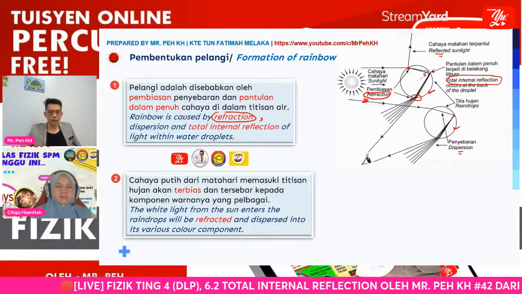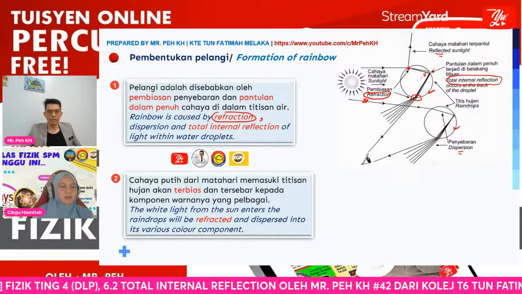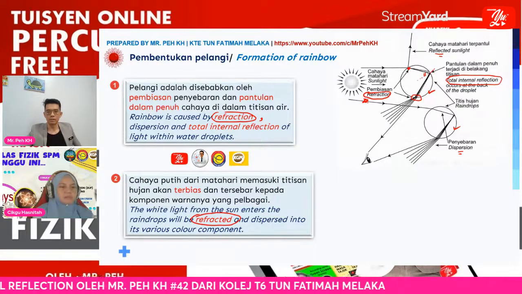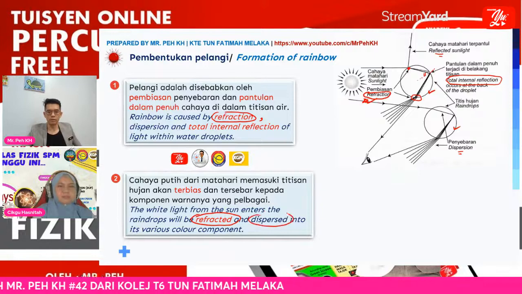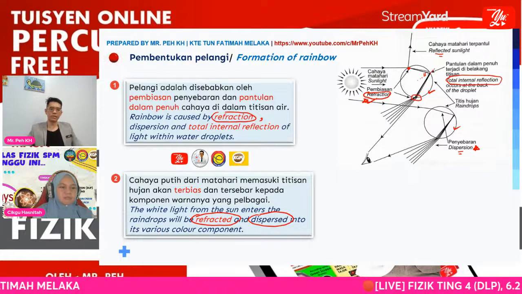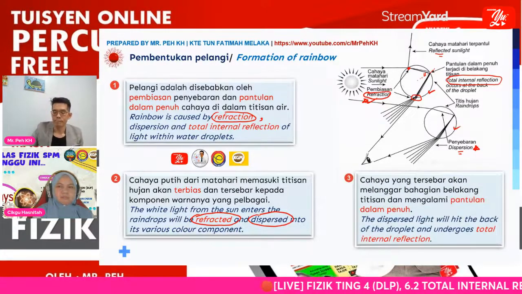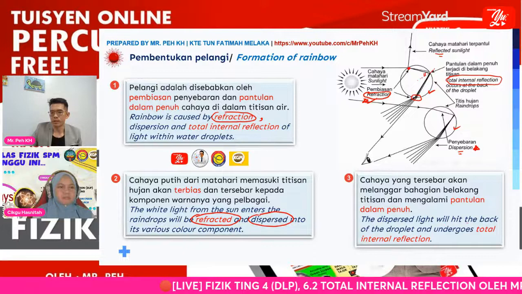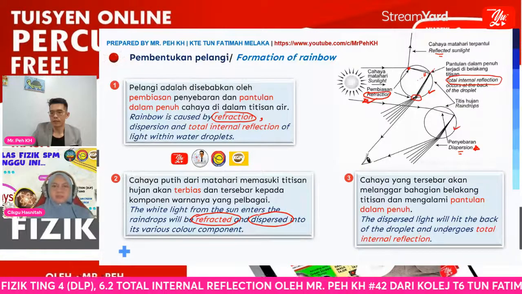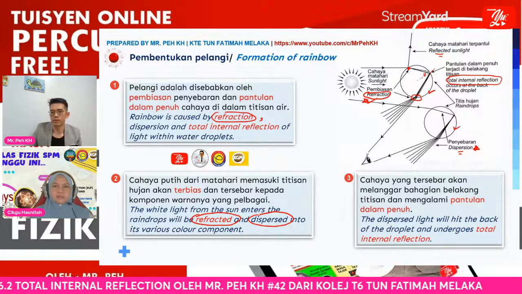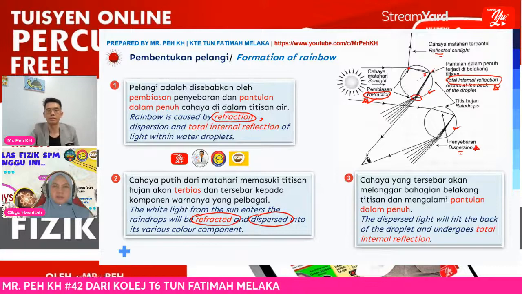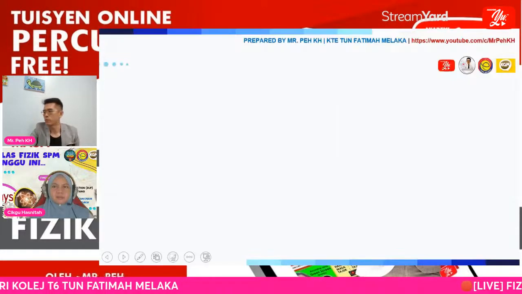So the white light from the sun enters the rain droplet and is dispersed into its various color components. The dispersed light will hit the back of the droplet and undergo total internal reflection. So over here, this is the formation of the rainbow.